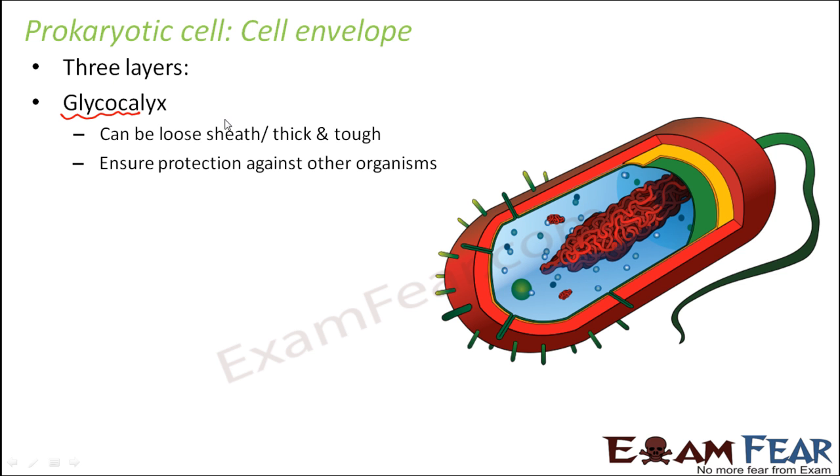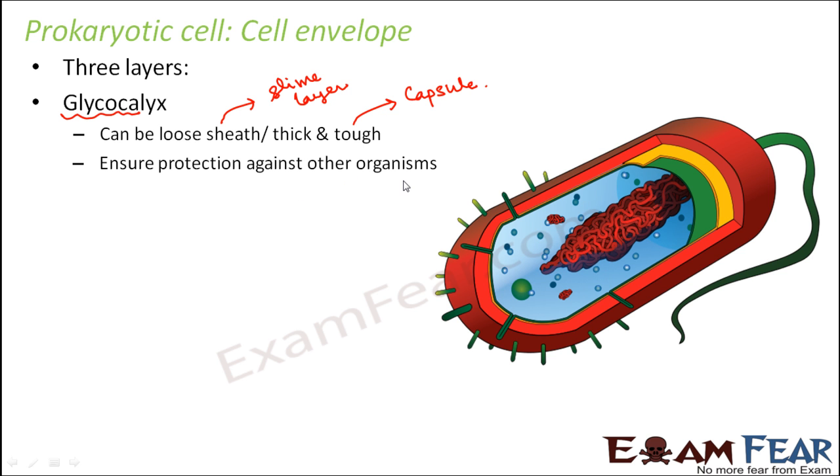So in some organisms, they act as a loose, not delicate outermost layer. There it is known as slime layer because of its slimy nature. Whereas in some other cells, they are very thick, tough and rigid, and there they are known as capsule. So these are the 2 names given to the 2 types of glycocalyx. The delicate one is slime layer and the tough one is capsule.